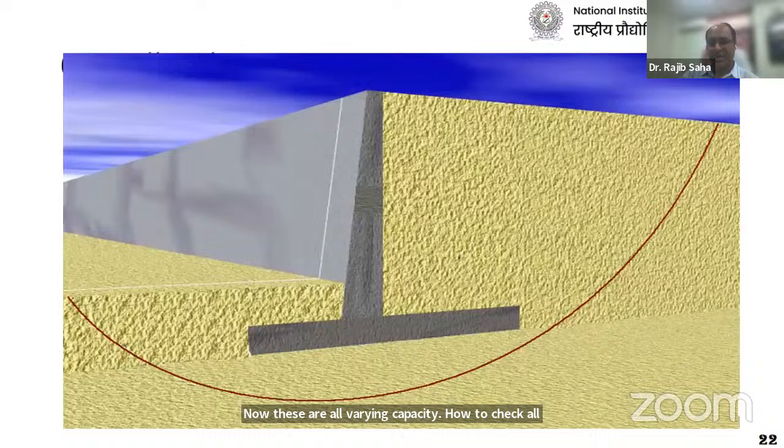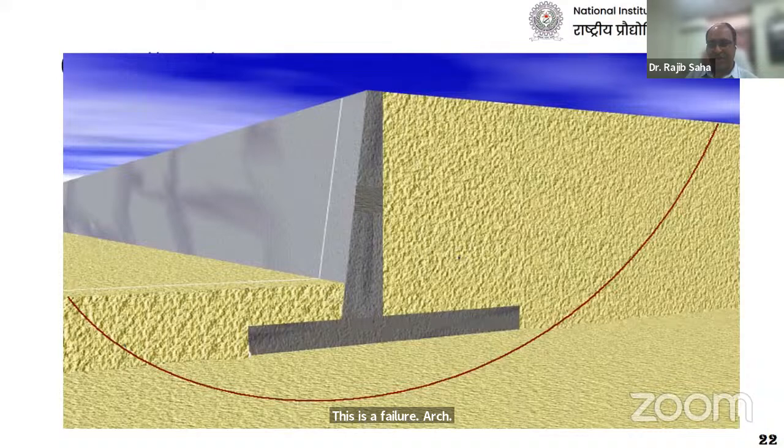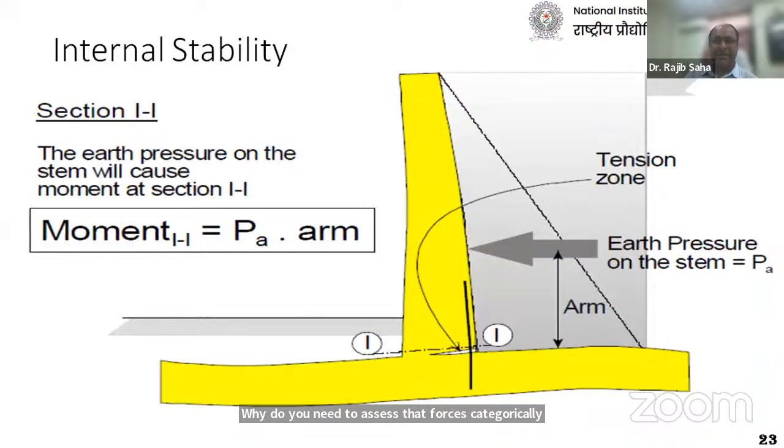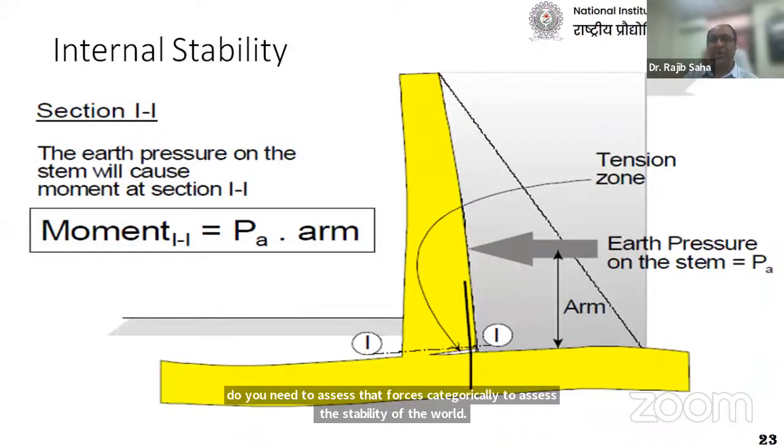Now, this is the failure arch when you are checking the bearing capacity failure. Around this arch is the critical zone where you need to assess the forces categorically to assess the stability of the wall. There is also an additional check, internal stability.